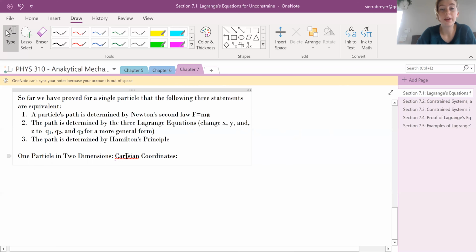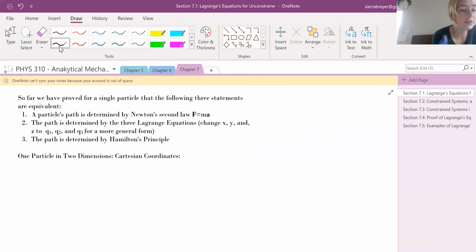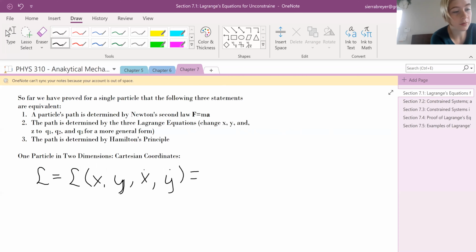So we're looking at this, and what we want to then do is it's very similar to what we just did, so that we know our Lagrange is going to be the Lagrange of x, y, x dot, y dot, and it's going to be equal to the total kinetic energy minus the total potential energy.